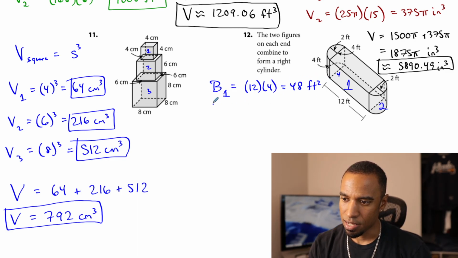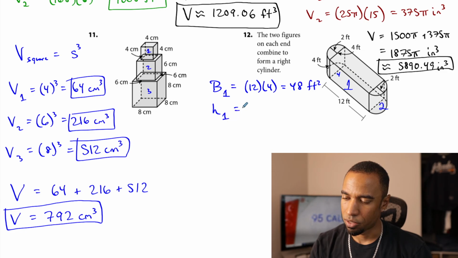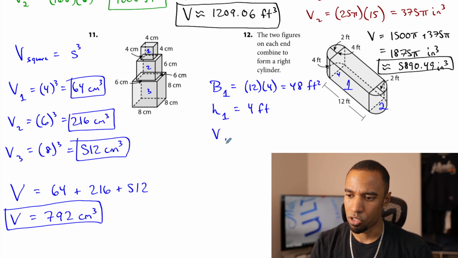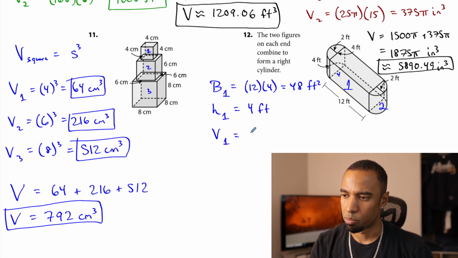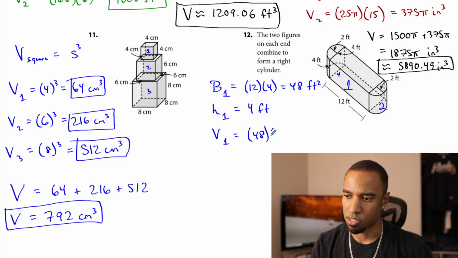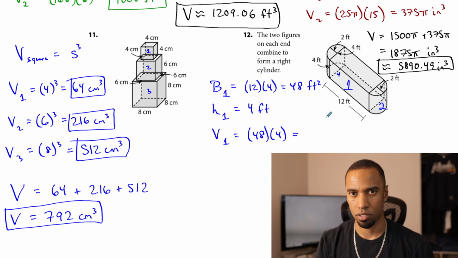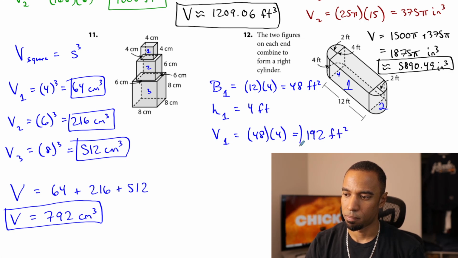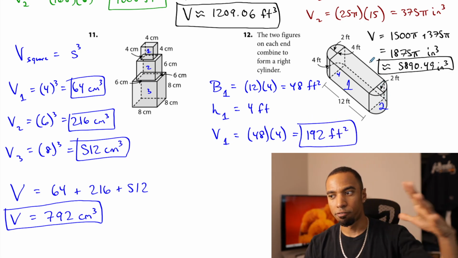And the height is also 4 feet. So the volume of the rectangular prism is area of base times height, which is 192 cubic feet.